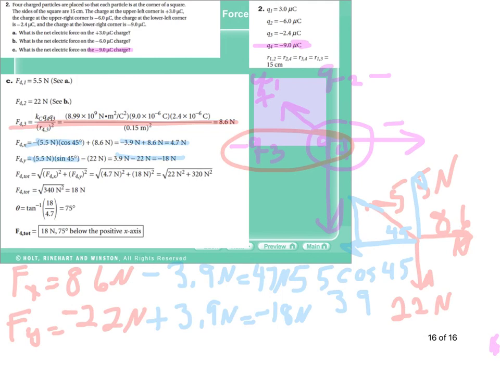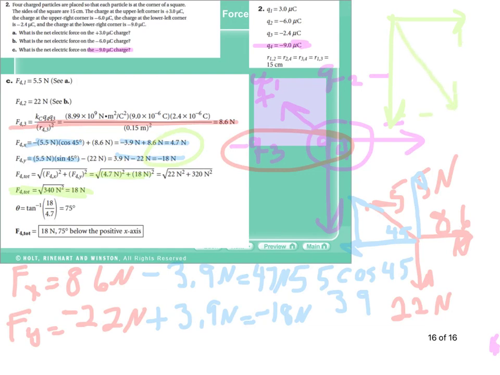And then using these two values, apply the Pythagorean theorem, and we get our resultant of 18 newtons. Then we want our angle. So we had 4.7 newtons in the x direction. We had 18 newtons in our y direction going down.